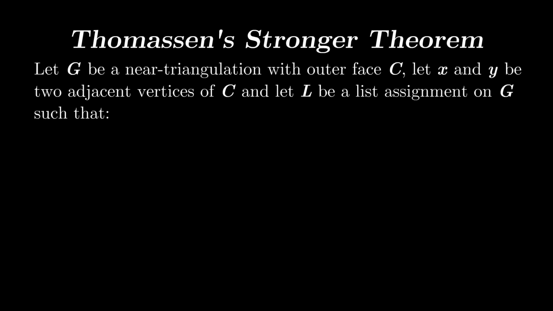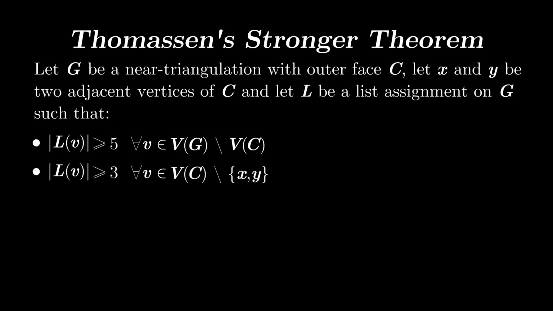Let G be a near triangulation with outer face C, and let X and Y be 2 adjacent vertices of the outer face. Let L be a list assignment on G such that, first, we require that the lists have length at least 5 for all interior vertices, that is, vertices that are not on the outer face.